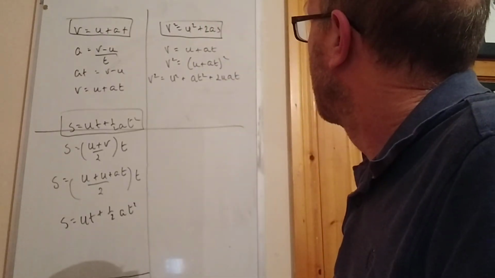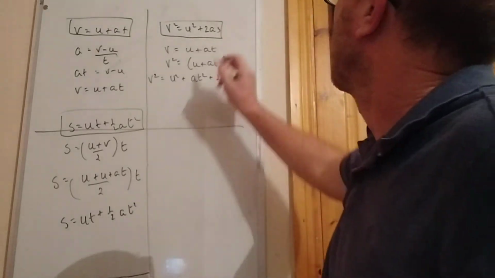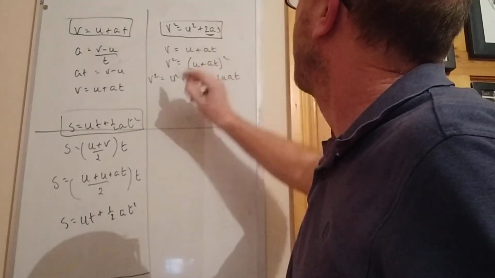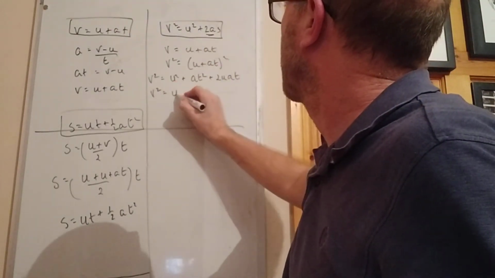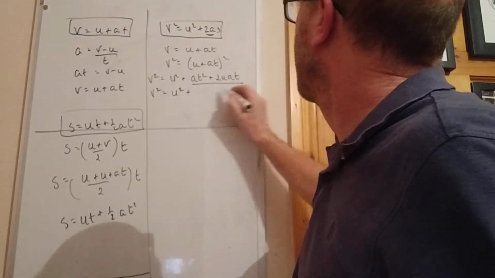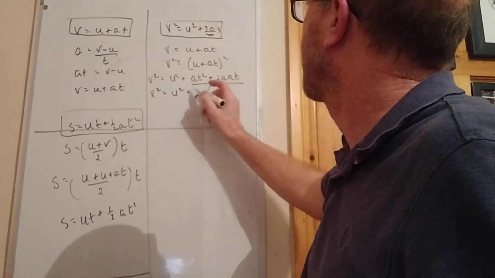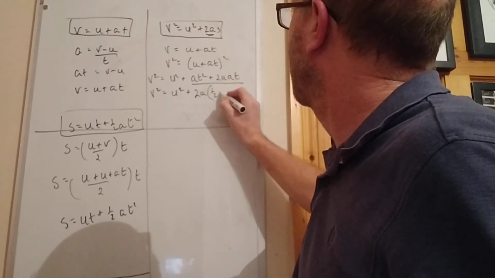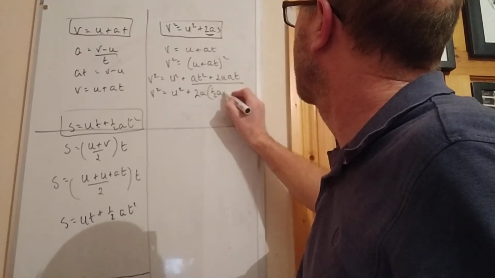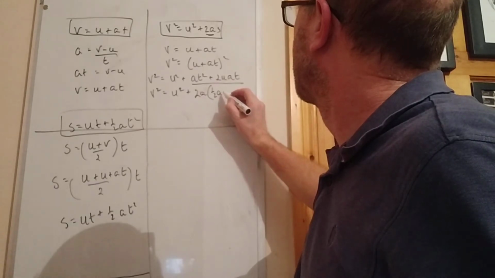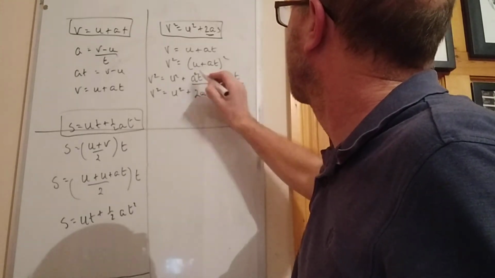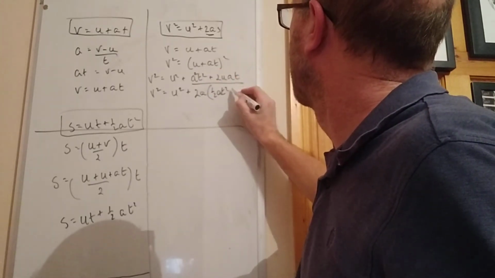Okay, and then the next step is, and this is the one that catches people, you want 2a, so you have your v squared and your u squared. We want 2a here, so we take out the 2a, factorize, it looks a bit odd, but so you have to put in a half at squared. That should be a squared t squared, half a t squared plus ut.